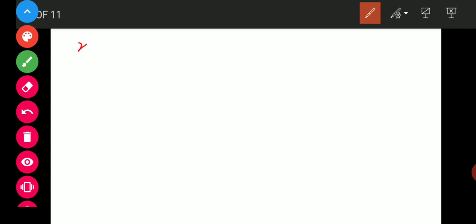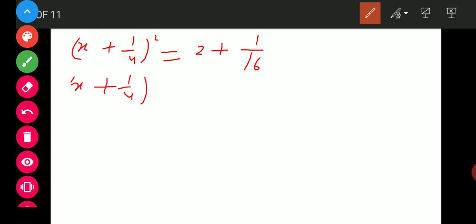So we get x plus 1 by 4 whole square is equal to 2 plus 1 upon 16. Taking the LCM, it is 32 plus 1, it becomes 33.